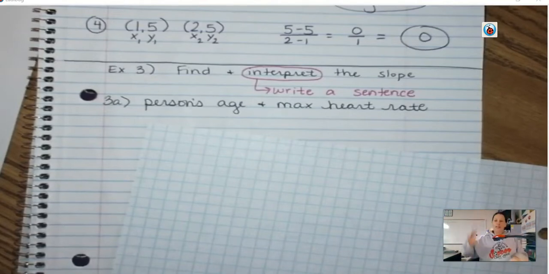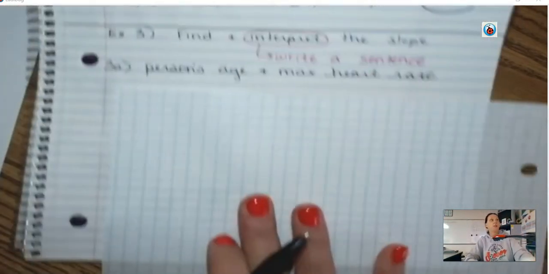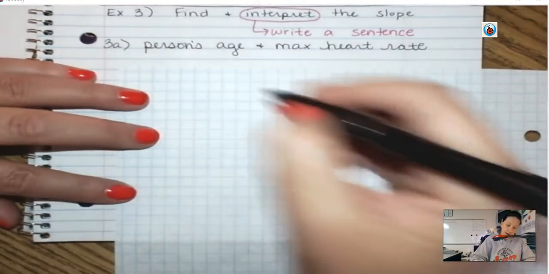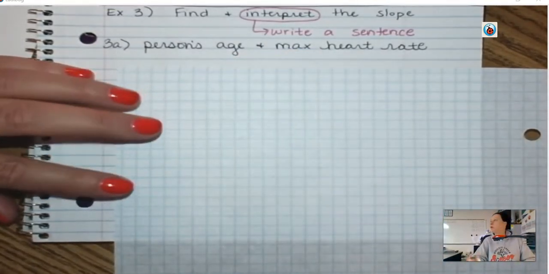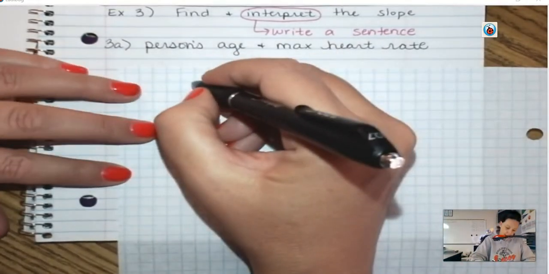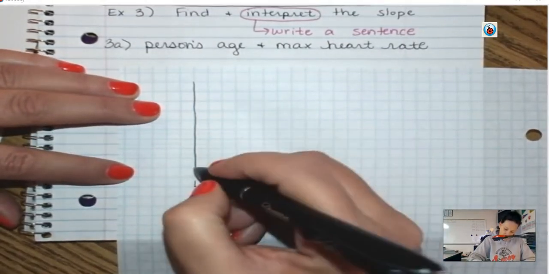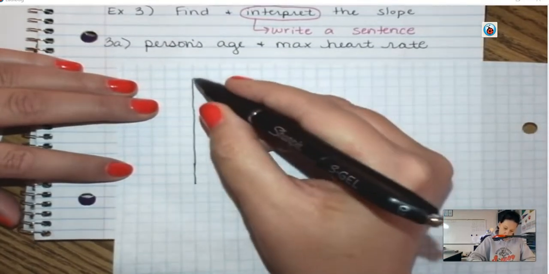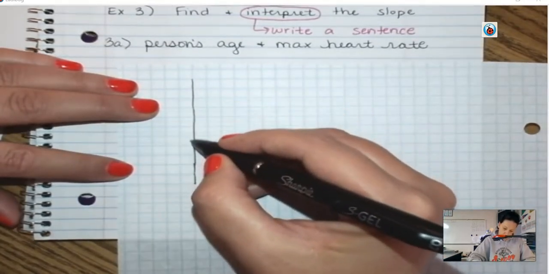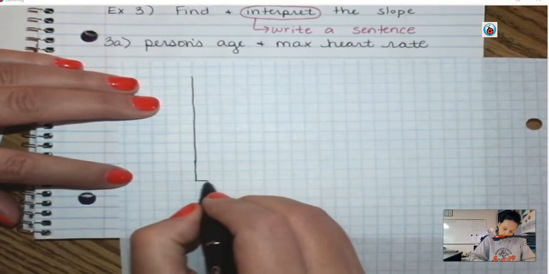It needs to go at least 10 up. So give it some space when you're making this x and y. It's going to be a word problem, so we're only going to deal with quadrant 1 because the negative numbers would not make sense. So just make sure you give it enough space where you have 10 on the y-axis.